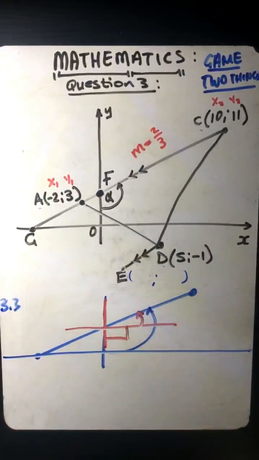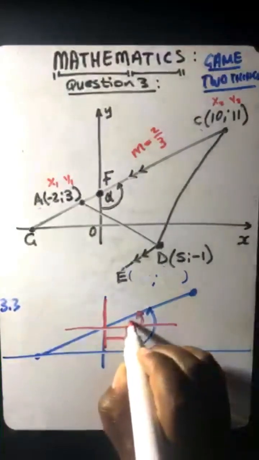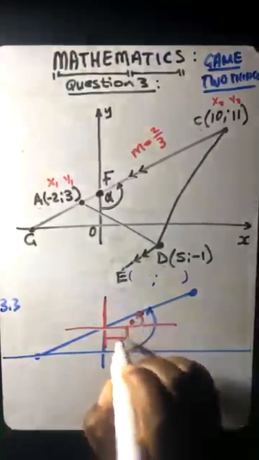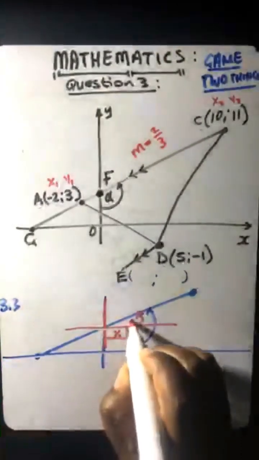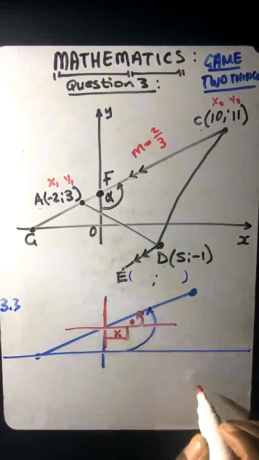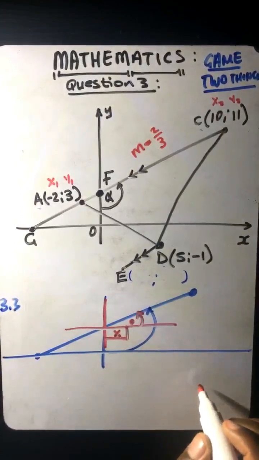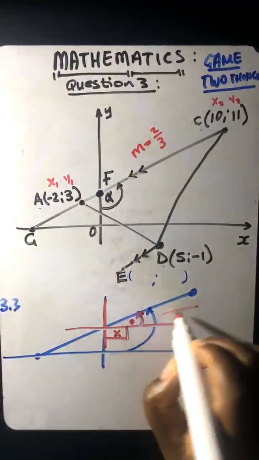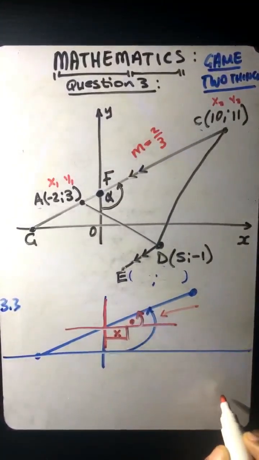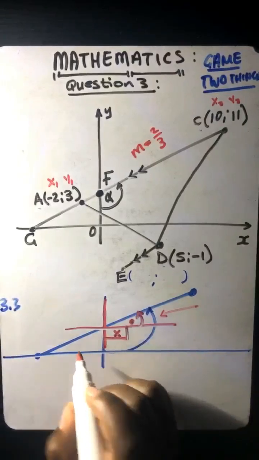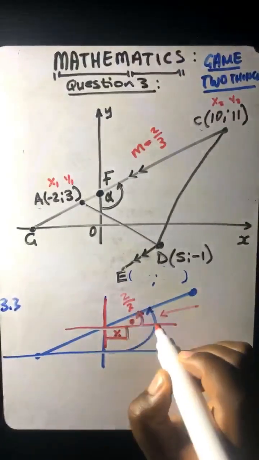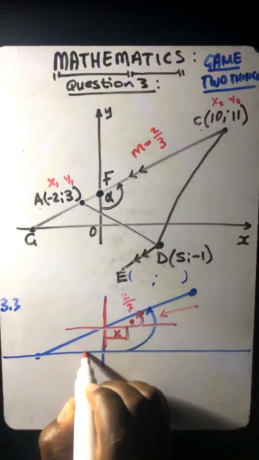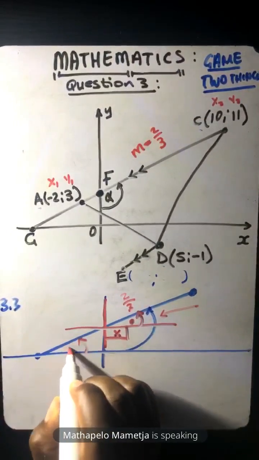Yes, sir. So this smallanyana angle is the one that we call an angle of inclination, Moleboge, which is what you just calculated. So it's more like you used that 2/3 in order to calculate this angle of inclination.